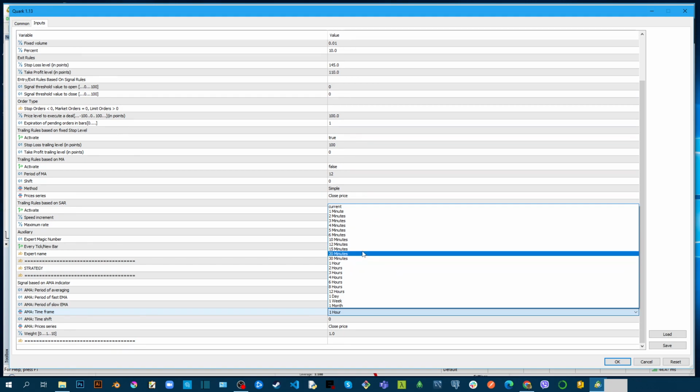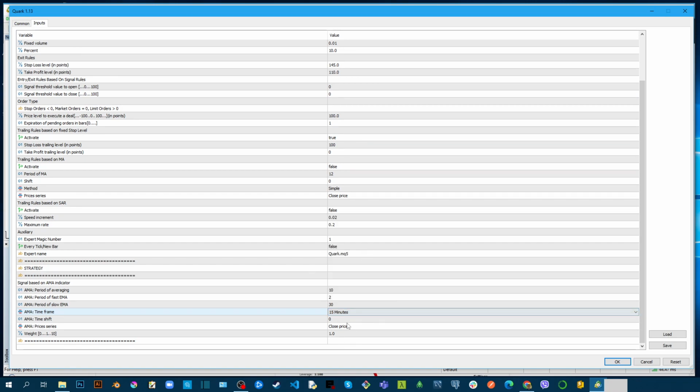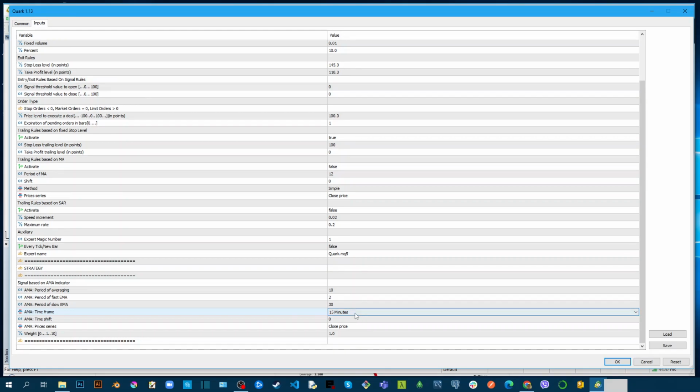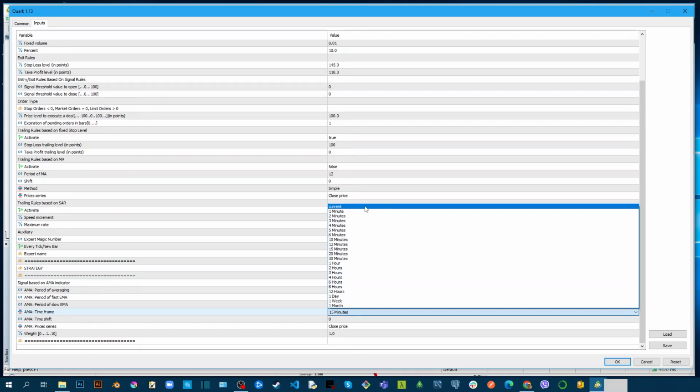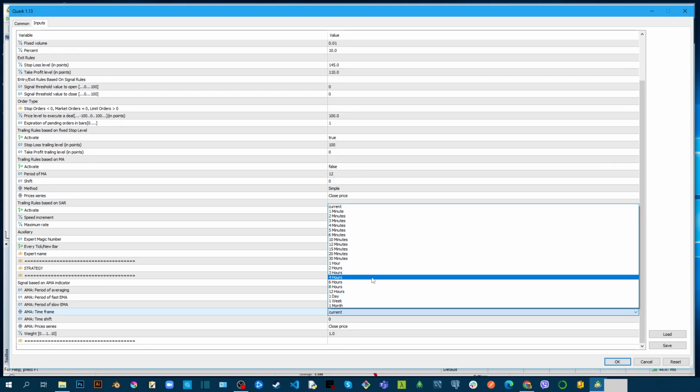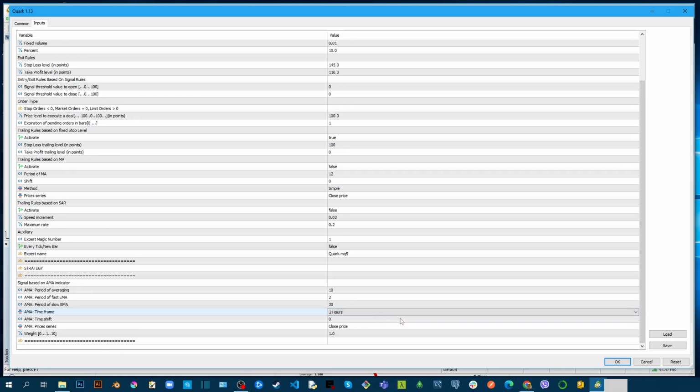But in that case, the time frame for optimizing must be the same as on this input. So don't forget, because on open price only, if this period is different, you will get some error in the journal section.